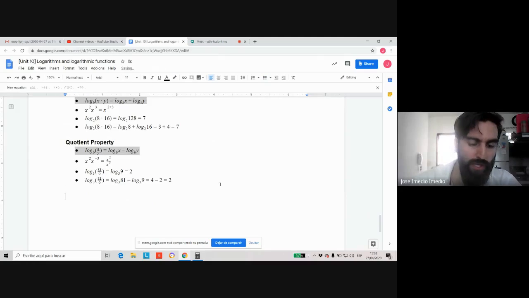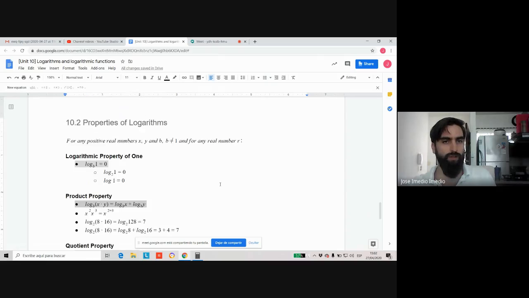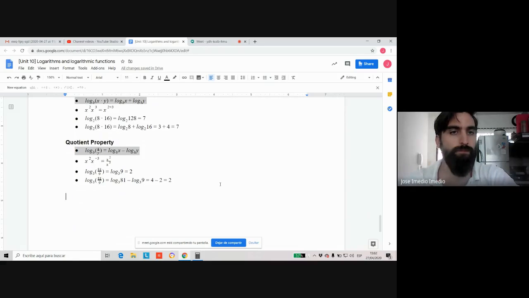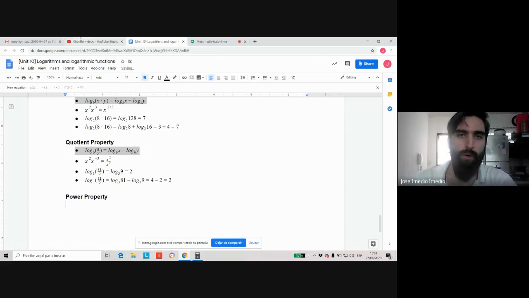Now let's go with the next property. We talked about the product property and the quotient property. The next one would be the power property.